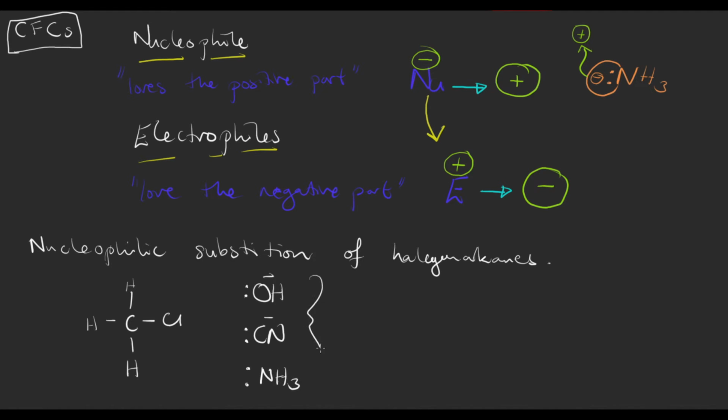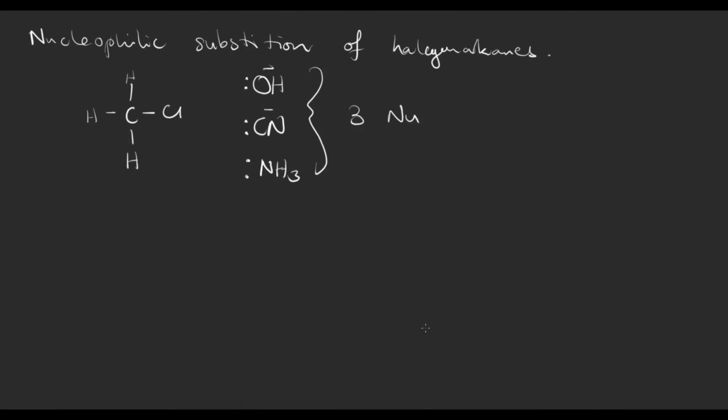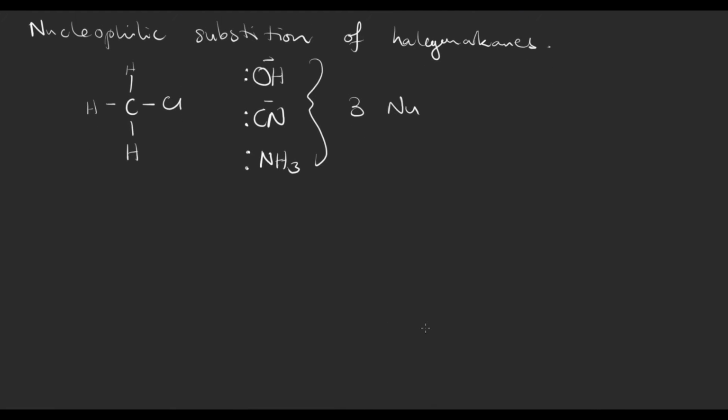So here we have three nucleophiles. And you need to be able to draw the reaction mechanism of each of these with any halogenoalkane. Now, I've picked chloromethane, but the chlorine could be bromine or fluorine or iodine, and there could be more carbons in this chain. So, for example, if I just pick a different colour here, I could have carbon-carbon, and this would then be chloropropane.